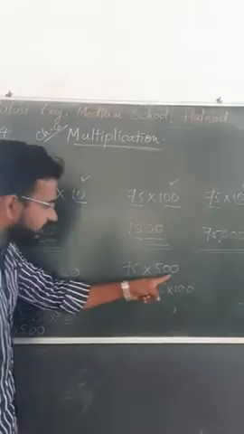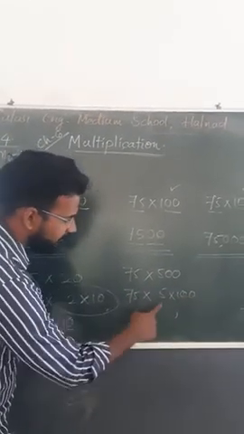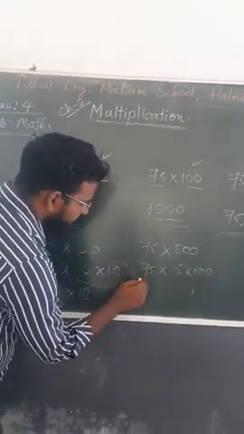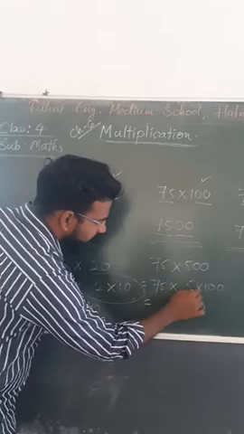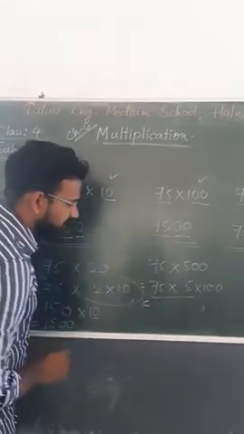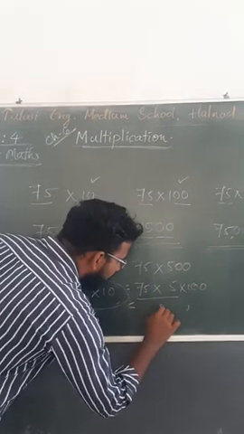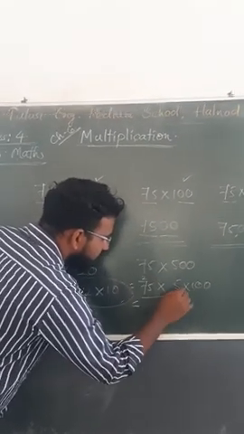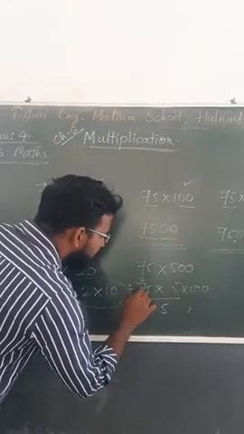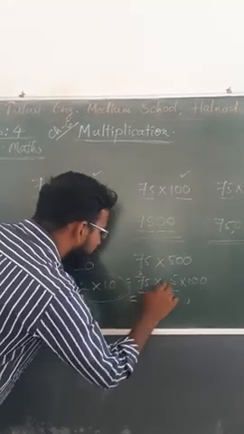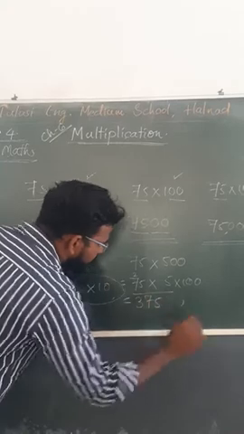Instead of 500 I am writing 5 into 100; same, 5 into 100 is equal to 500. So we have to multiply 5 into 75. 5 into 5, 25, carry 2. 5 into 7, 35, plus 2, 37.